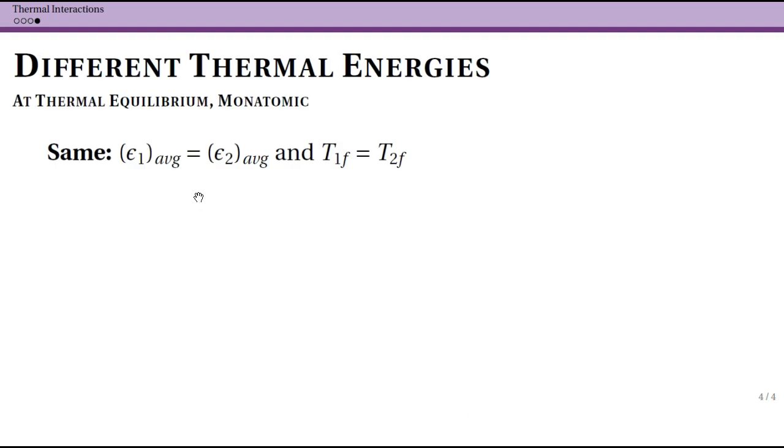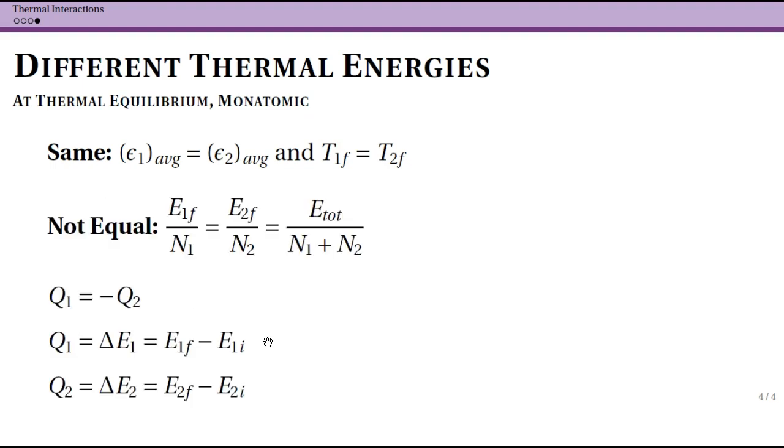So we're going to dwell on this a little bit. We see that our microscopic kinetic energies are equal. Our temperatures are equal, since these are directly proportional. But what's not equal are our thermal energies, and that's because it relates to the amount of gas, in this case the number of atoms. But what you can say is that the relationship between the energy and the number of atoms, divided out this way, these are equal.